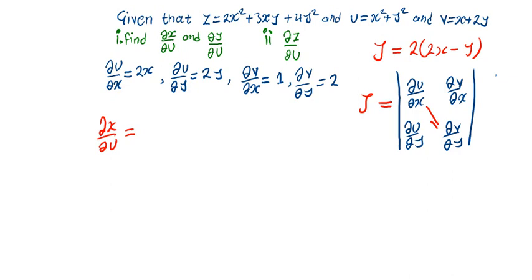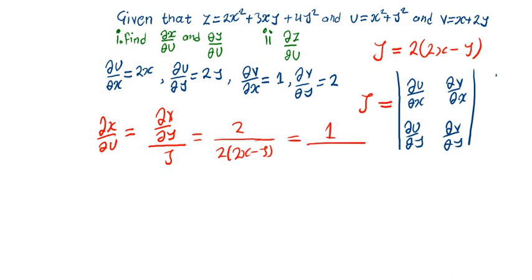We are in the major diagonal, so you're going to pick the positive part of it, which is the partial of v with respect to y, and you're going to divide this by the Jacobian. So it's this one here, which is a 2. So you're going to say 2 divided by 2 times (2x minus y), and your answer is just going to be 1 over 2x minus y. That's what you get right there.